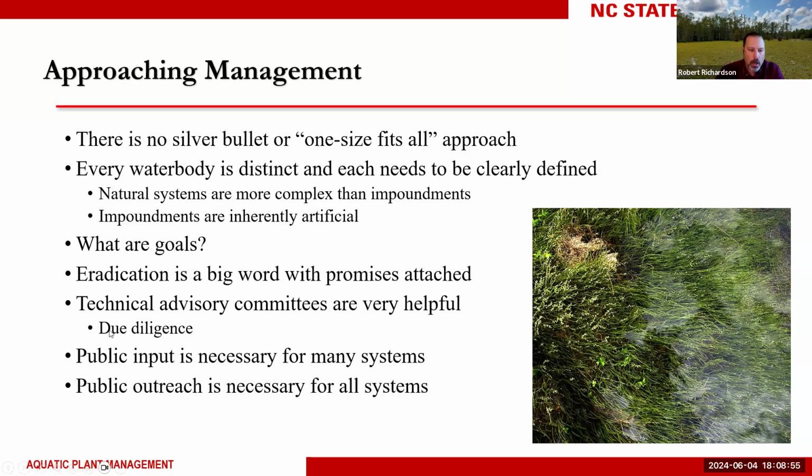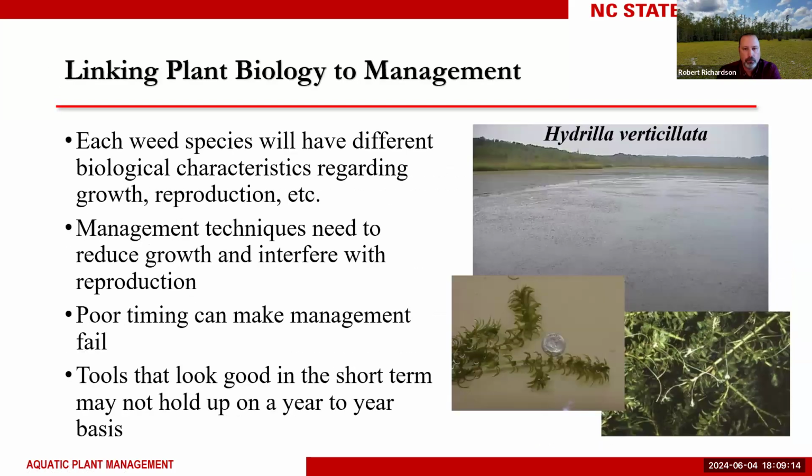So if we're talking about more complex management programs, then technical advisory committees can be helpful. Conduct due diligence, be sure you're implementing good, solid programs and that everything has been reviewed. And for public systems, you need to have public input, public outreach where appropriate.